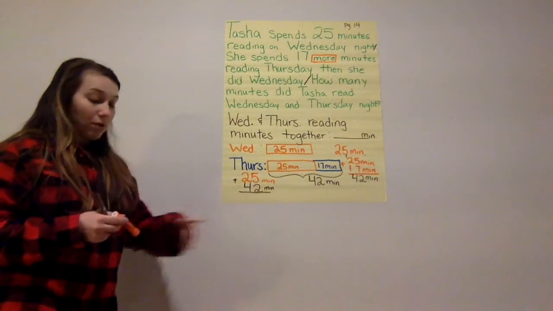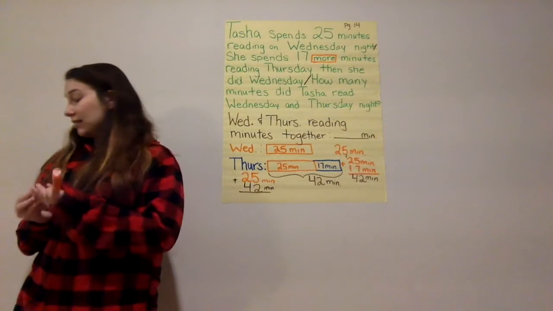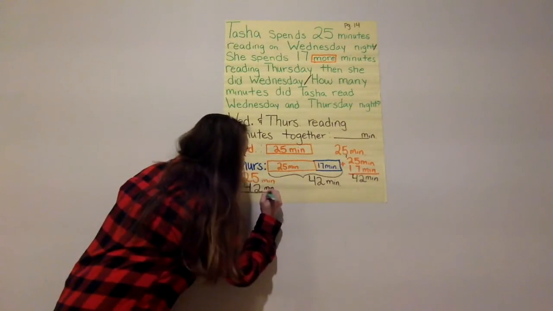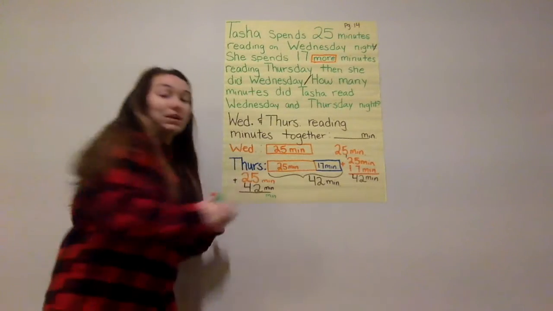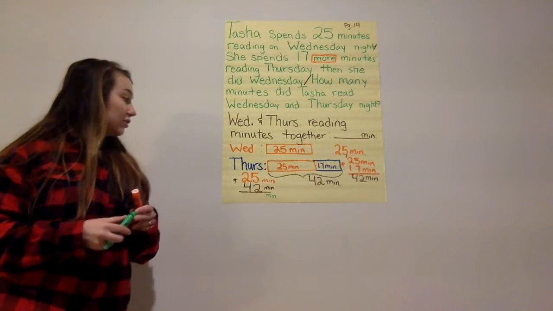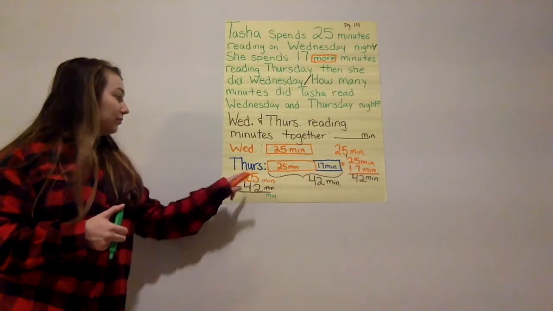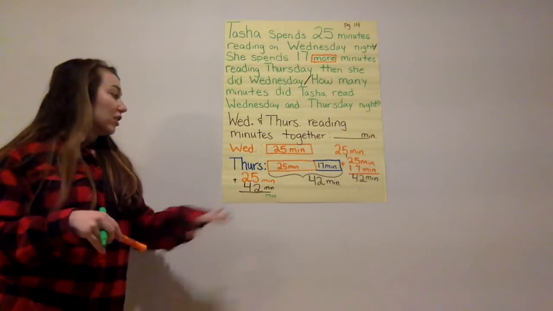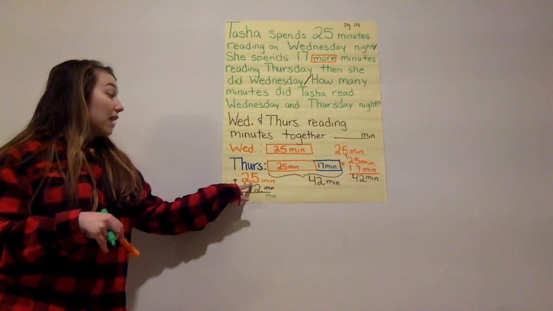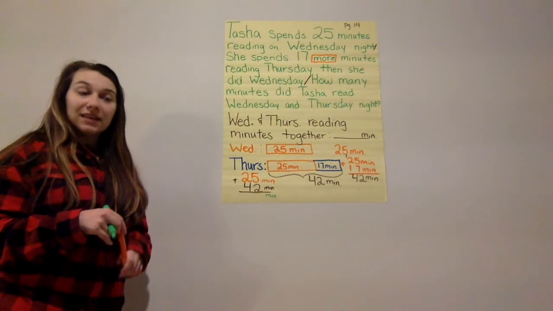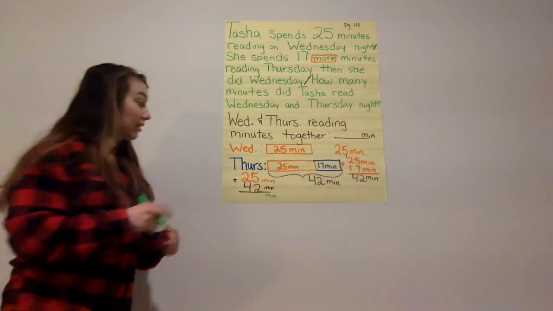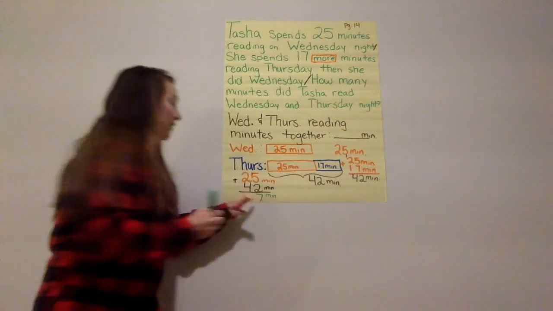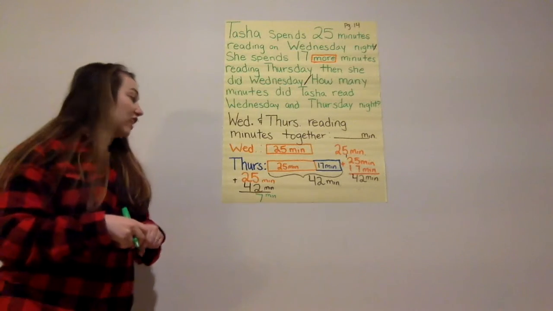We're going to bring down our minutes because we know that we are in the same place, which is minutes. We're working with minutes. And then we can add together. So whenever we're adding, we start in our one spot. 5 ones plus 2 ones gives us 7. And I can put my 7 down there because it's 1 place value.